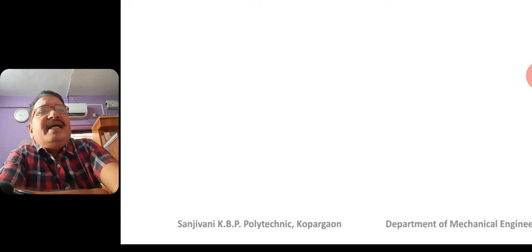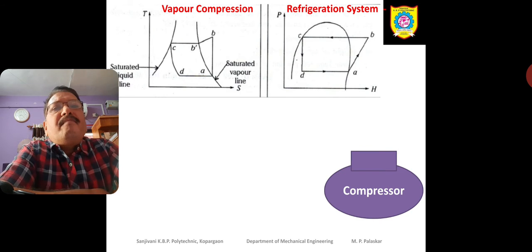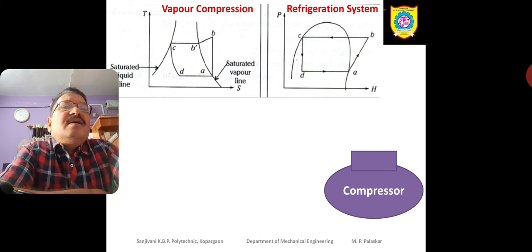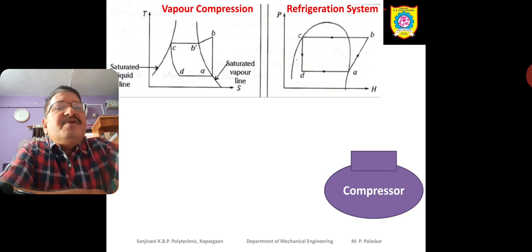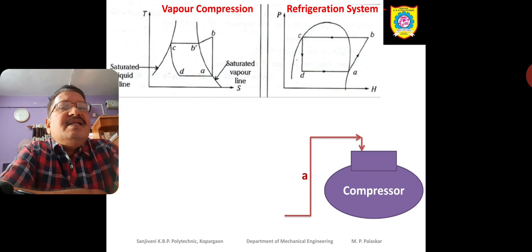So let us correlate the TS diagram and pH diagram with the schematic diagram, where we are using again the compressor. We can see that the compression process is AB and work is supplied during the compression process.